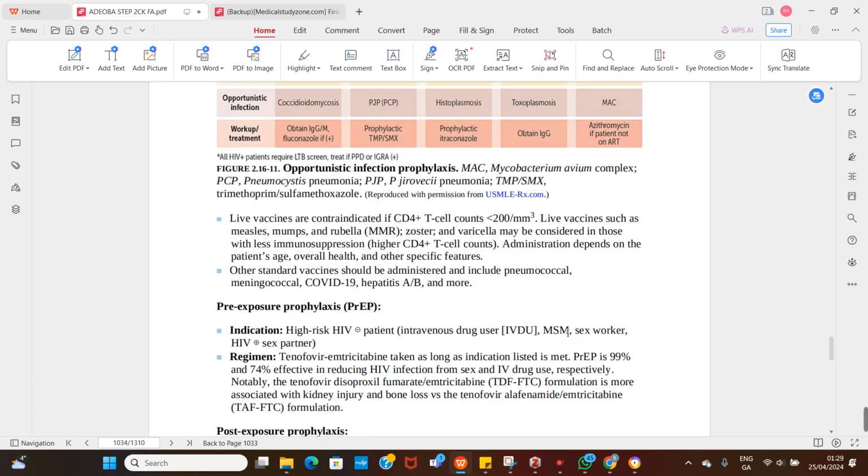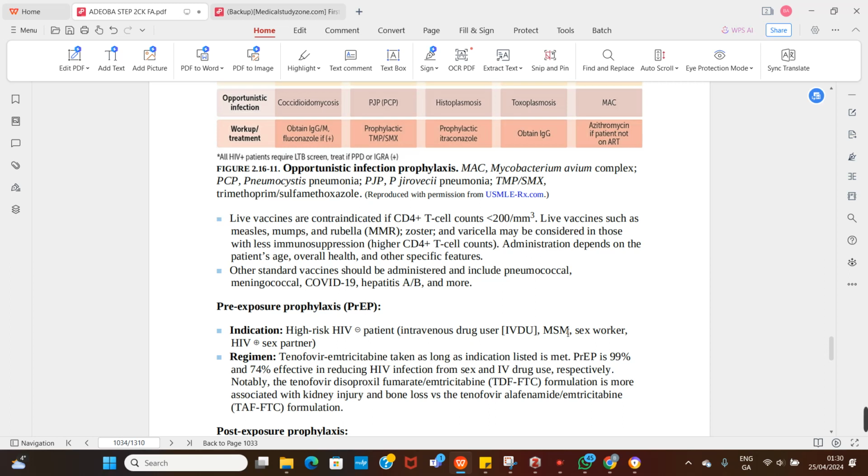So live vaccines are typically contraindicated in people with CD4 count less than 200. Once an individual has a CD4 count less than 200, that is severe immunosuppression. Don't even consider live attenuated vaccines like the MMR, like the varicella. I think those are the common ones that we have here. The other ones might not be relevant to HIV.